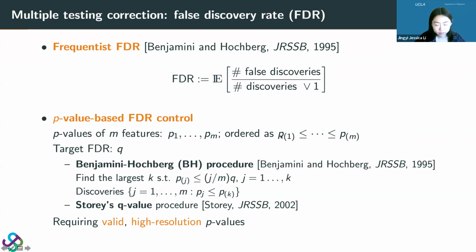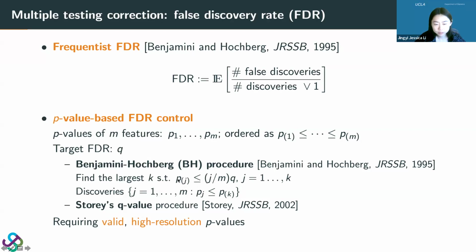You sort them from the smallest to the largest, and you have a target FDR in mind, say Q as 5%. That's the common value for Q. And then you compare each ordered p-value, the jth smallest p-value, to a changing threshold. The threshold is determined by Q, say 5%, the number of features, and the order.